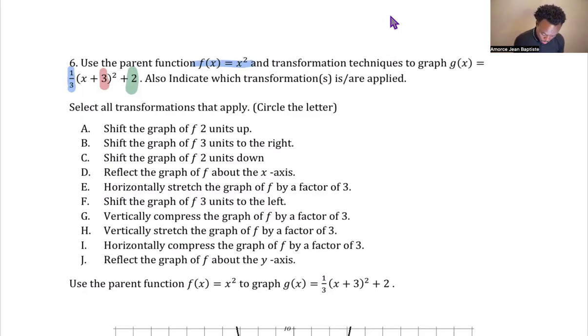It's okay too. If you don't see 1/3, then your best option will be a factor 3 vertical shrink or compression.